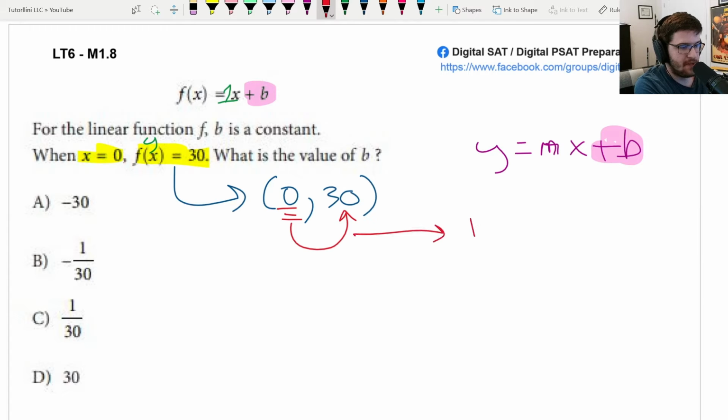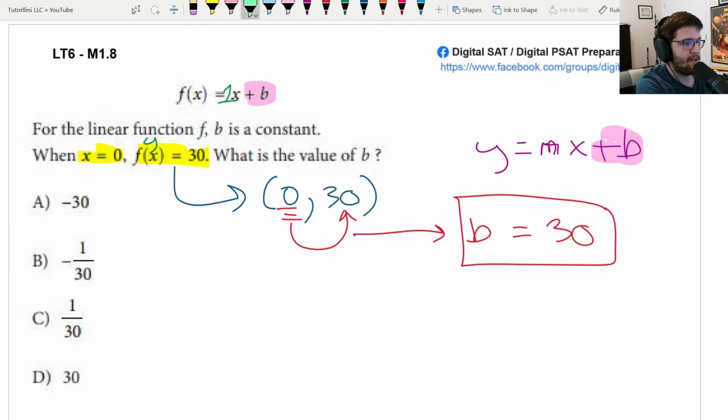So b is equal to 30. And that's it. No work required. They're just testing you on the concept, just what is a y-intercept. And when you see a point with x equals 0, the y-coordinate is the y-intercept, which is the b in mx plus b. Great, let's move on.